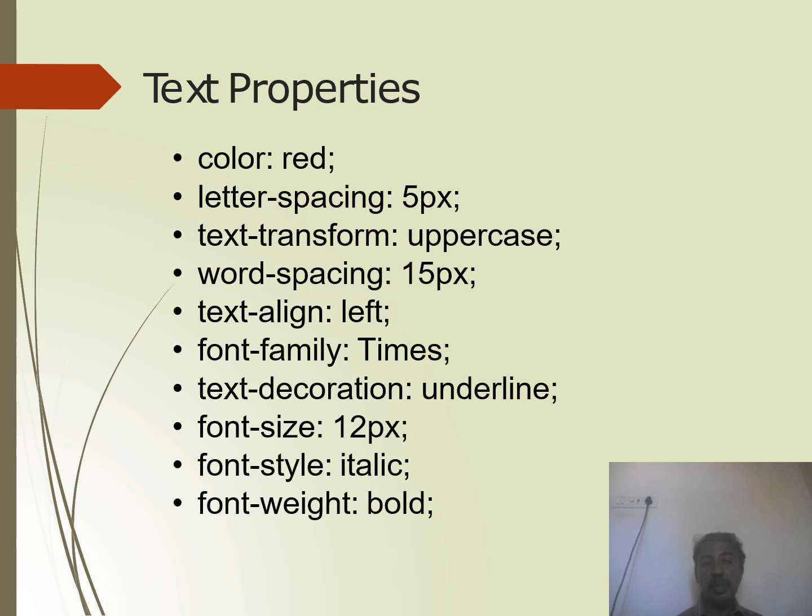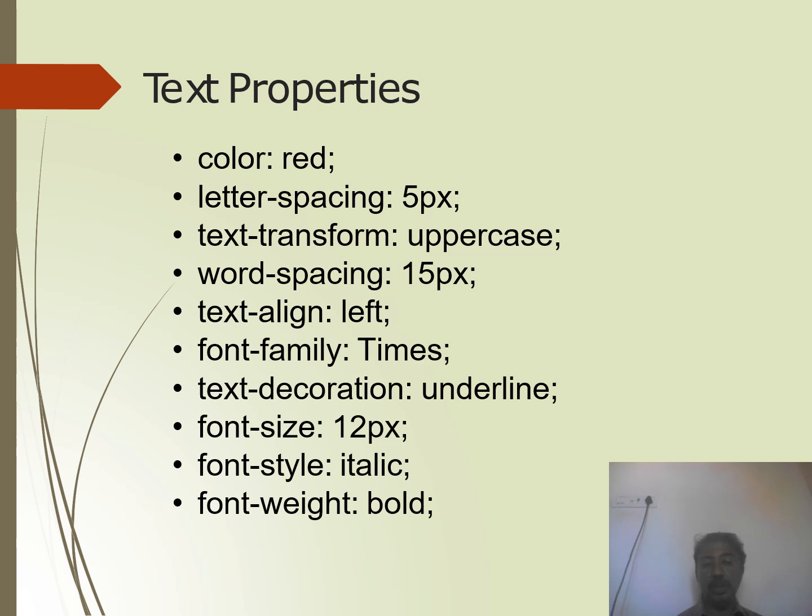Then next, what are the text properties? The text properties are ordinarily the same as in all programming languages, the same thing occurs in this also. Then color is the text color. Then letter spacing, what spacing we are using, 5px or 1px. Then text transform uppercase or word spacing 15px.